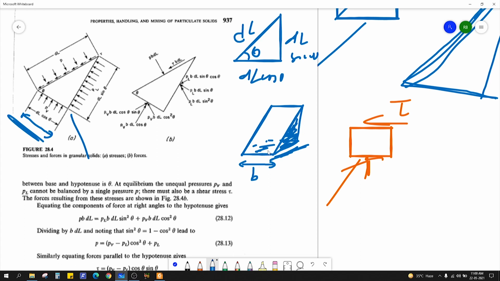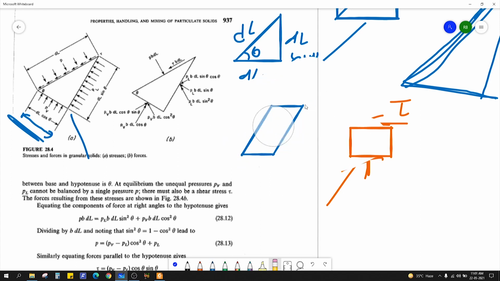That is B. So area will be B DL cos theta. Okay. Similarly, the area of this face will be, not this one, the opposite side. This one will be this length into thickness, right? So that is B DL sin theta. Okay. What about this area? This area will be your B DL, right? This is B and this length is DL. So length into B, B DL. Okay.